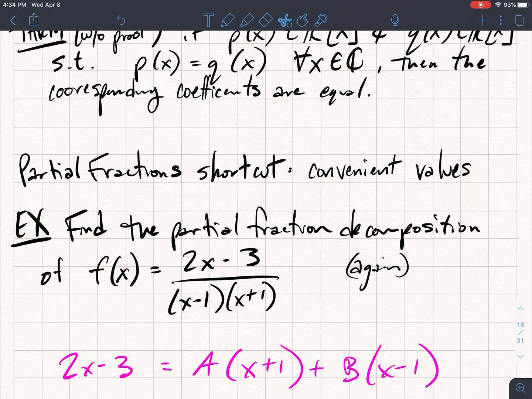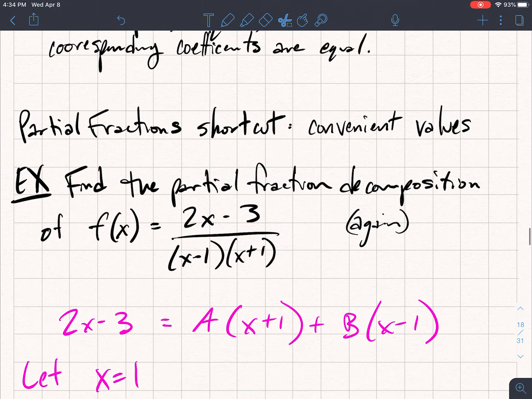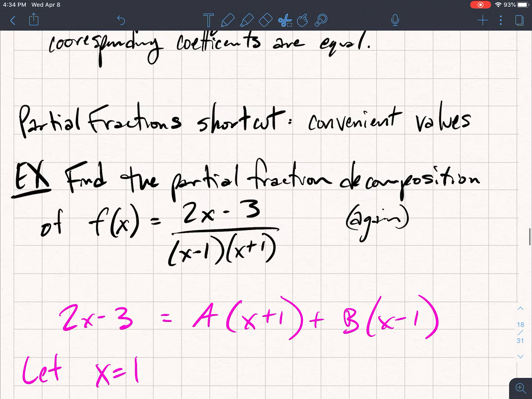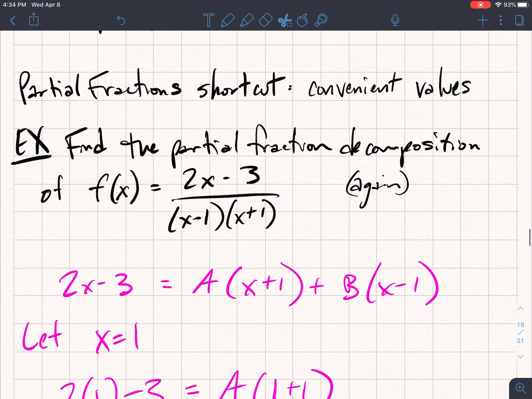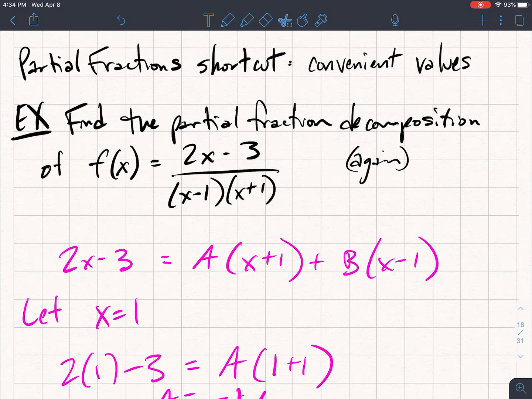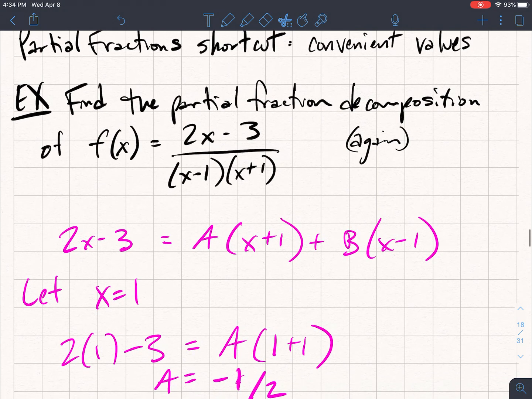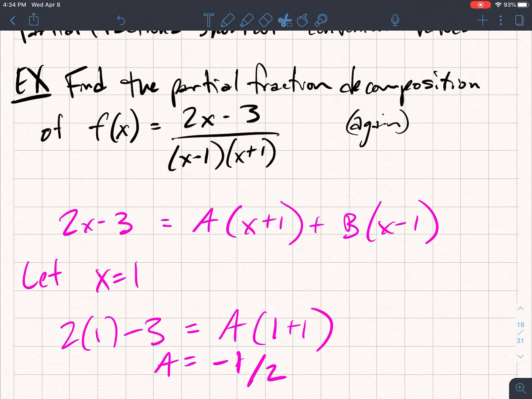So same setup, multiply through, and then rather than distributing the a and the b and equating coefficients for the linear term and the constant term, I'm just going to pick an x value that's going to make one of those factors go to 0. So in this case, if I pick x equals 1, then x minus 1 is 0. So let x equal 1, and then I get 2 times 1 minus 3 equals a times 1 plus 1, and I get a equals negative a half.